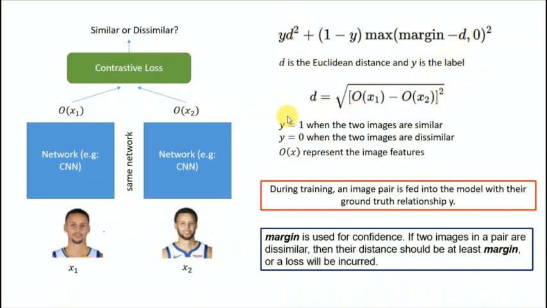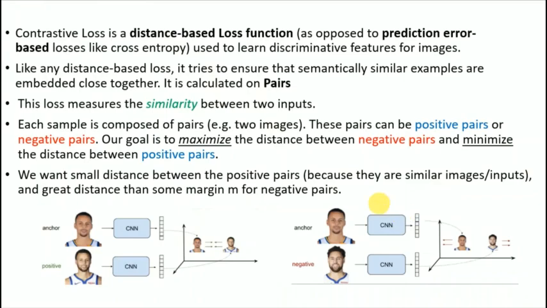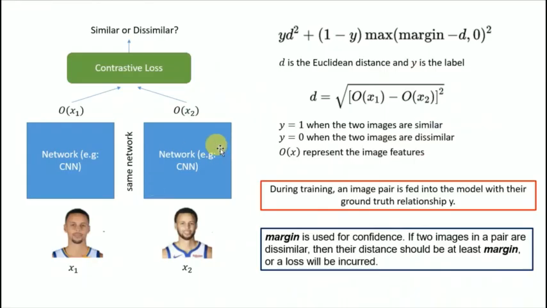Now, y here is the actual label. y equals 1 when the two images are similar, and 0 when the two images are dissimilar. In this case, we have a positive pair because the two images are similar. They're from the same person, so our label should be 1. When we have dissimilar images, like the image on the right here, the label should be 0.